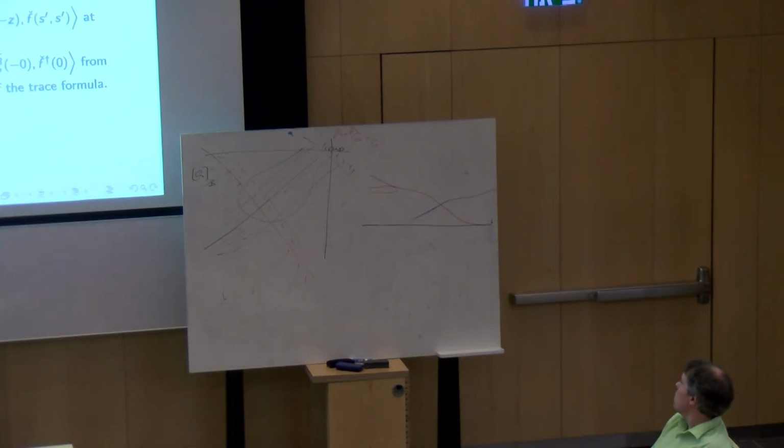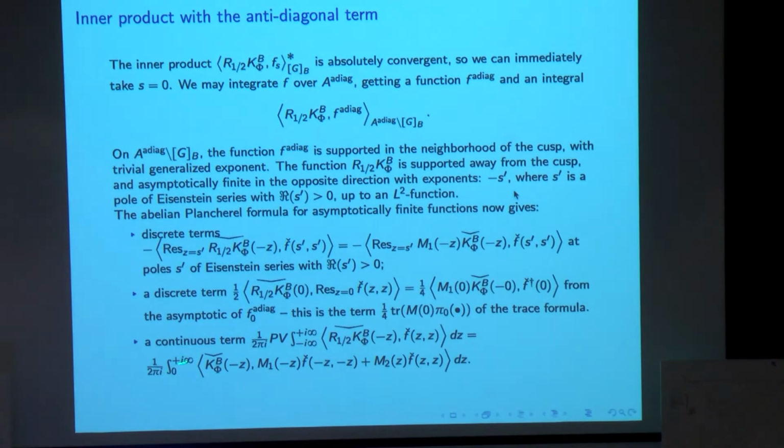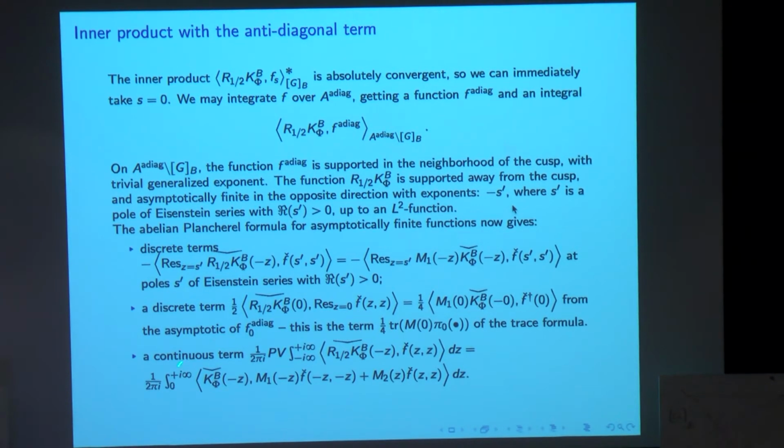And then from what we said about Mellin transforms of asymptotically finite functions on the torus, we deduce that we have a continuous term which is a principal value integral over the unitary line of Mellin transforms. And then discrete terms which correspond to the asymptotics of these functions. And the asymptotics of these functions are the following.